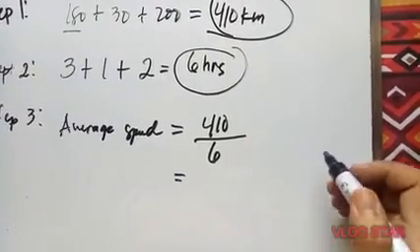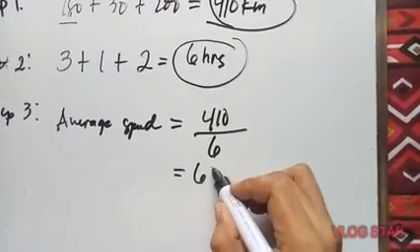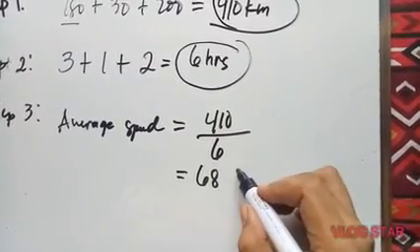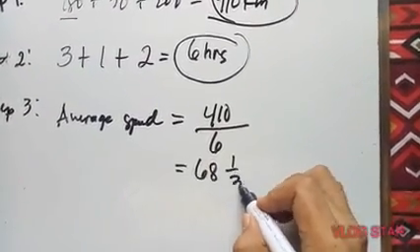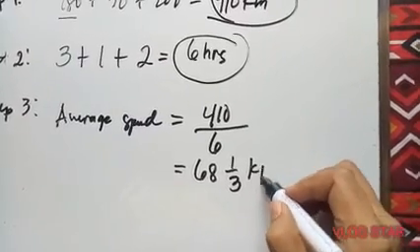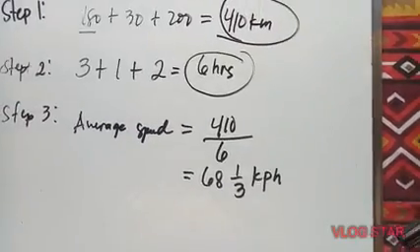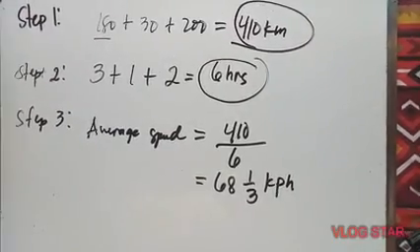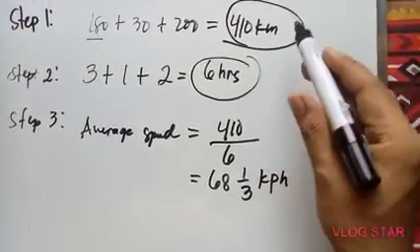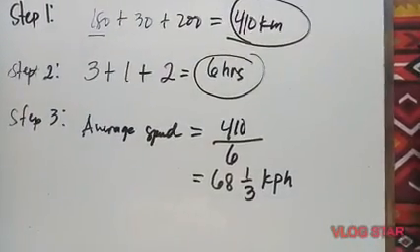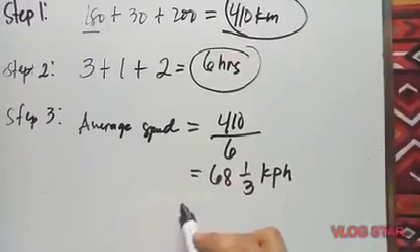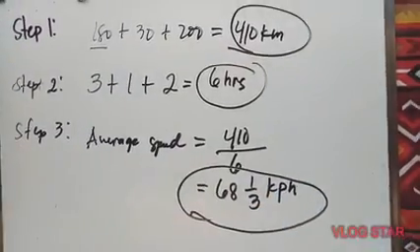So if we divide, the answer is 68 and 1/3 kilometers per hour. So that is the average speed. Add first the distance traveled, add the travel time, then divide to get the average speed.